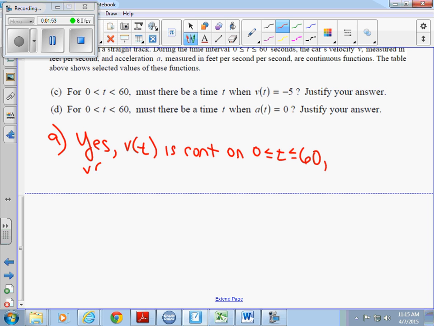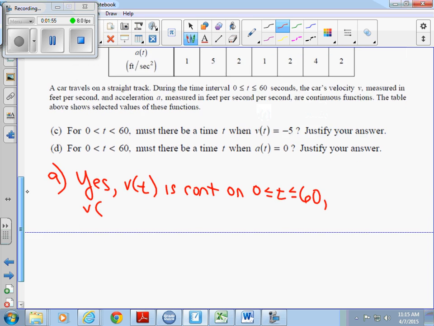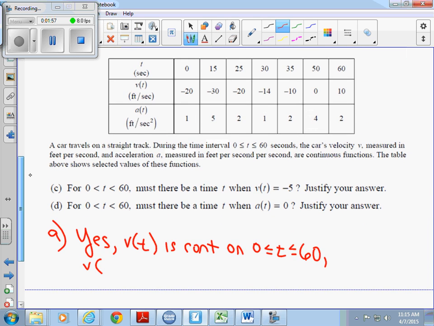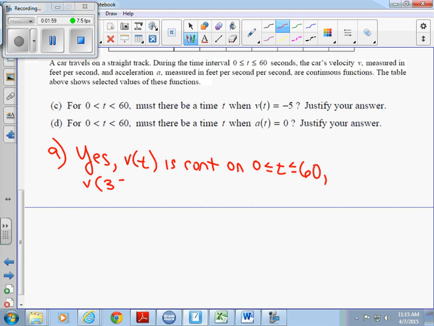And B of 35 is -10. B of, what was the next one, 40? B of 50 was 0. And -5 is in between those two things, right?